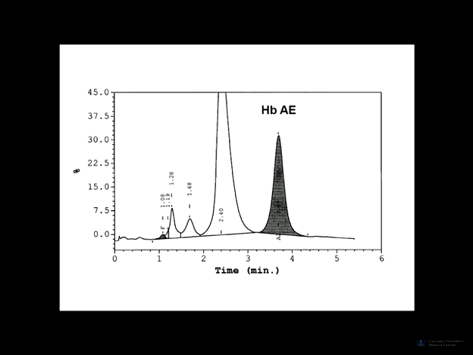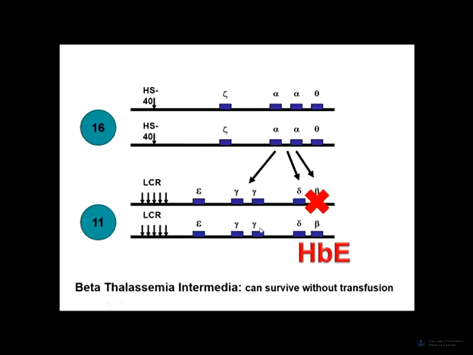So clinically it results in something that's more like a thalassemia trait. Patients with hemoglobin AE have a low MCV. They look like thalassemia trait because of decreased synthesis. It's only clinically relevant when you have hemoglobin E on one beta gene and beta thalassemia on the other one. Because of the decreased synthesis of this protein, you have what's called a thalassemia intermedia type picture.